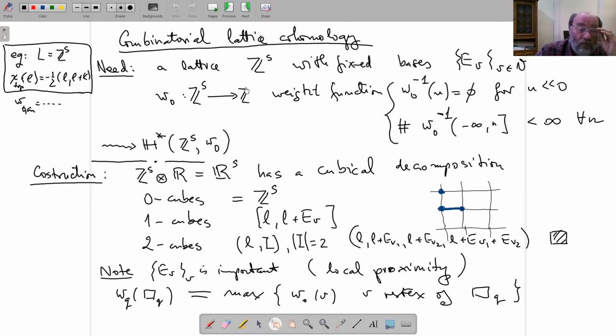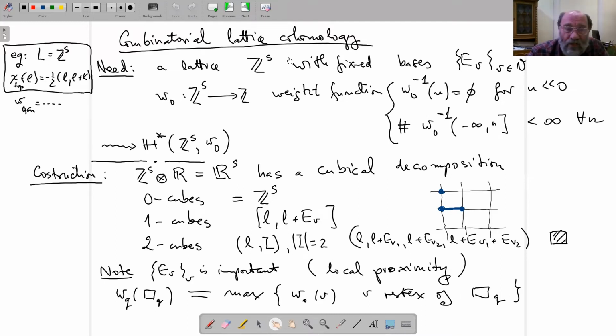So what is the combinatorial lattice cohomology? What I need is a lattice. Actually, it is basically lattice points I need, not really the linear structure of the lattice, just some lattice points in R^s. But what is important is that I fix a basis. Just to remind you, in the case of a resolution graph, we have the lattice generated by the exceptional curves, and we have a very canonical basis given by the exceptional curves.